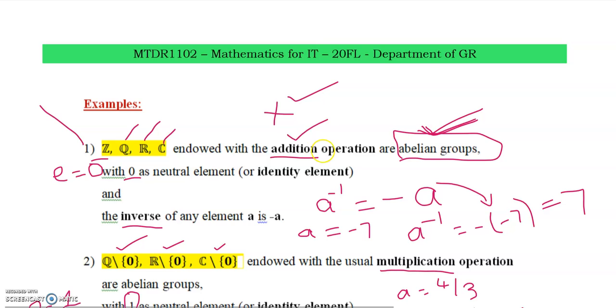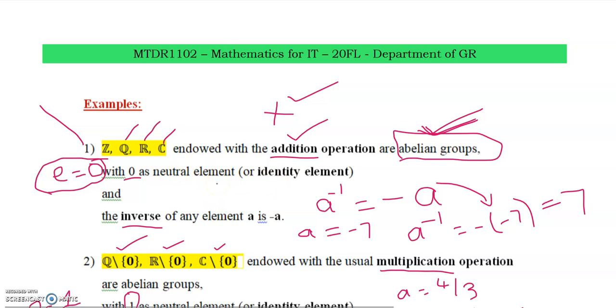Now, what is the identity element? The identity element is 0. When you take the binary operation as usual addition, definitely the identity element is 0. We can say identity element or neutral element.